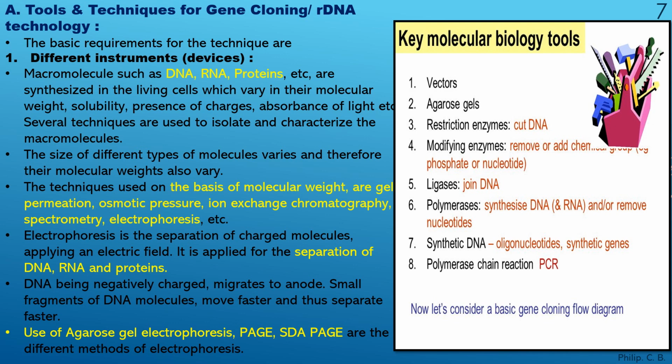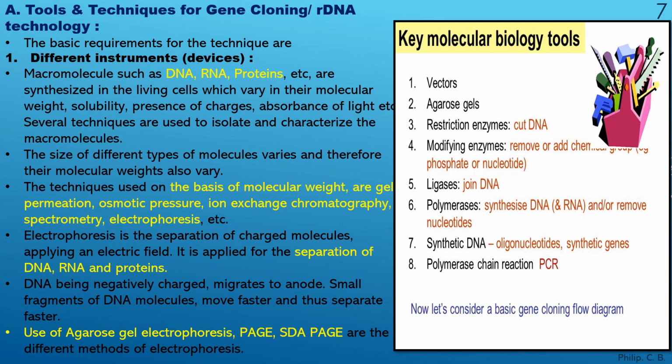Now coming to the points, the basic requirement for techniques are different instruments or devices. Macromolecules such as DNA, RNA, proteins, etc. are synthesized in the living cells, which vary in their molecular weight, solubility, presence of charges, absorbance of light, etc. Several techniques are used to isolate and characterize the macromolecules. The size of the different types of molecules varies, and therefore their molecular weight also varies.